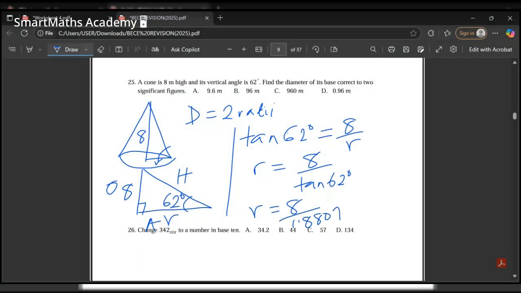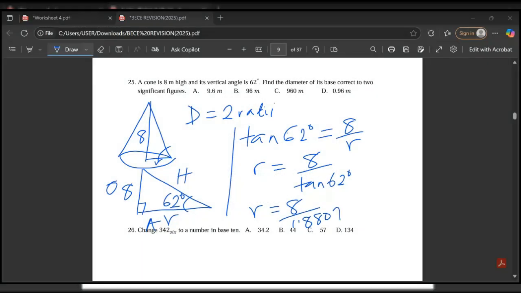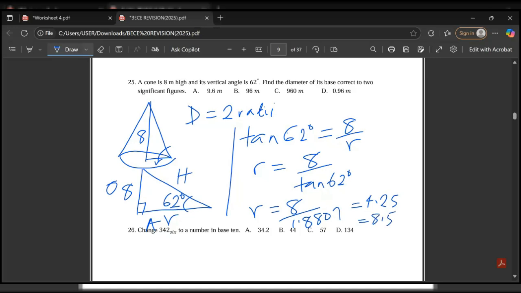So 8 divided by 1.8807 gives 4.25. When you multiply this by 2, you get 8.5 meters. So that is how to do this.